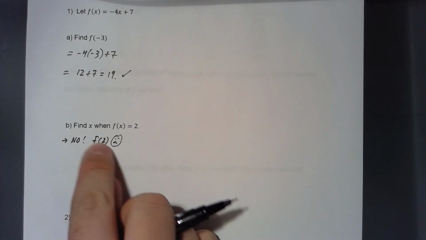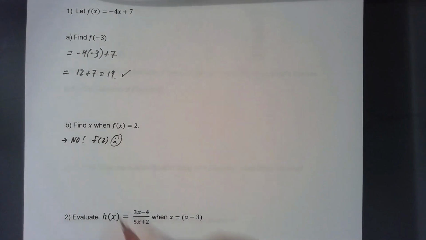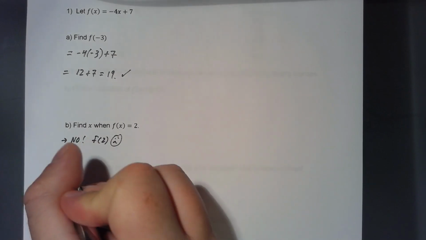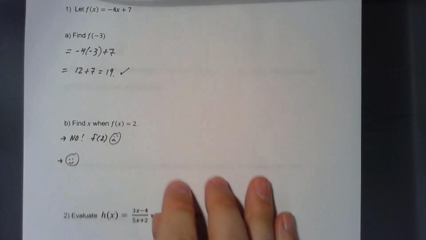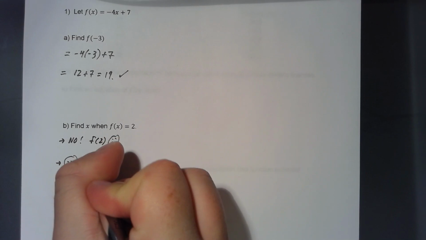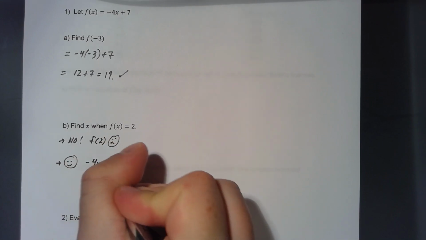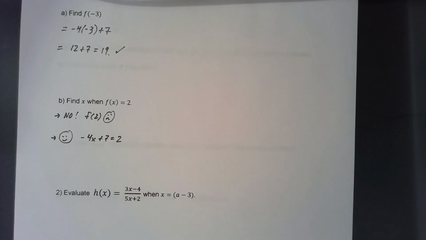Because this implies that x would be 2, but that's not what I'm saying here. I'm saying find x when the function equals 2. So what you want to do is take the function and set it equal to 2. Your function is negative 4x plus 7, and that equals 2. Now you just solve for x.